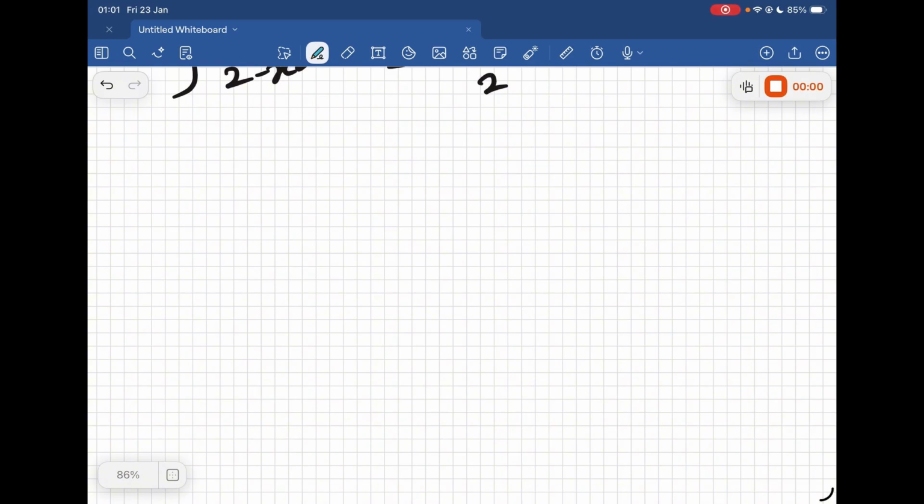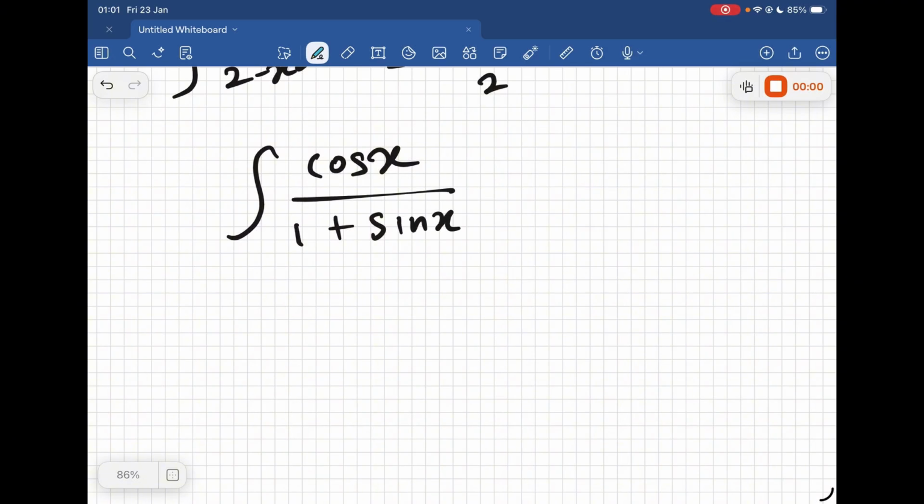Now question number 3. It is a trigonometric version, but it's the same trick. Our question is the integral of cos x over 1 plus sin x. First we have to identify the denominator. I consider f of x as 1 plus sin x.